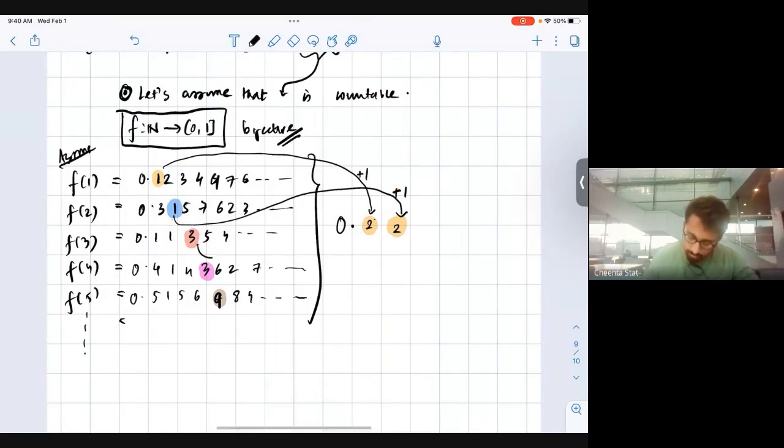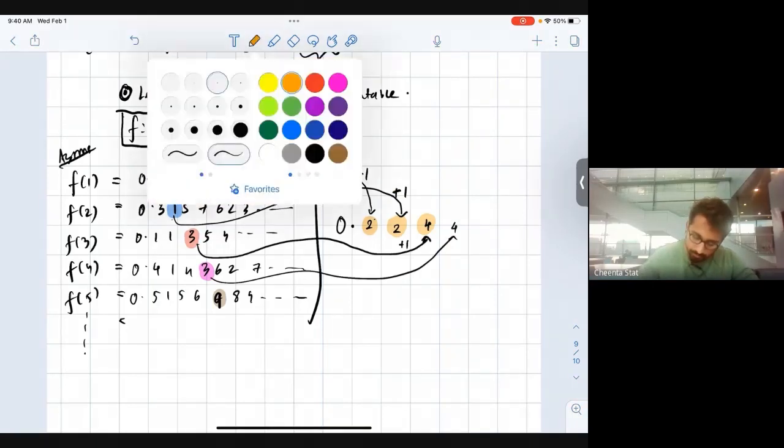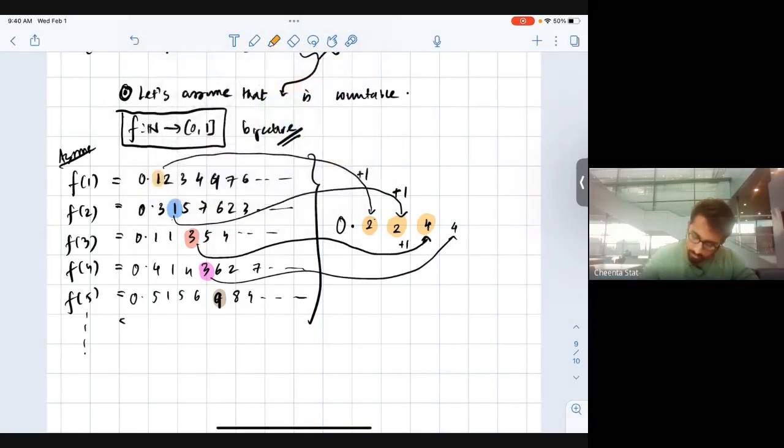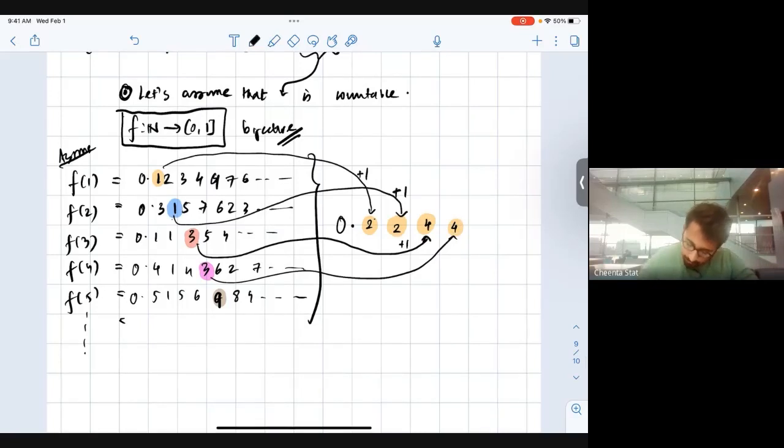The third number, we again place in the third place, and add 1 to it again. The fourth number, we're adding 1 to 4 again.